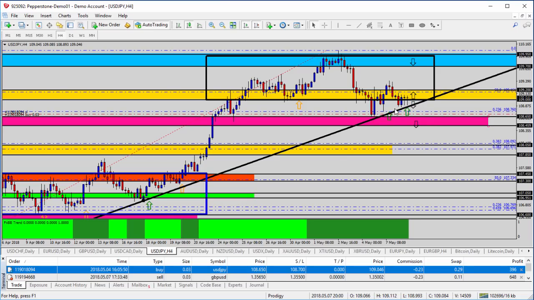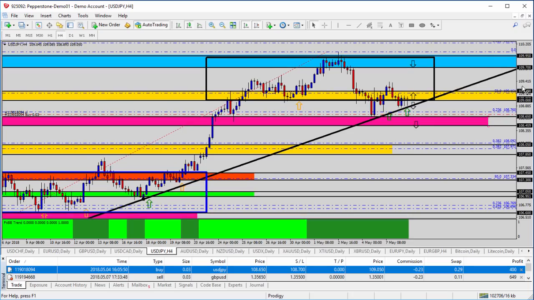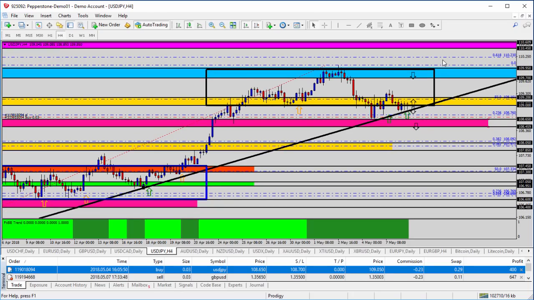Again, stay within your maximum risk that you have for your trade settings, but somewhere either below today's low or the previous low all the way down here at 108.65 will be your stop loss, targeting the blue zone. Of course, if we could break that blue zone in the direction of the trend, we're likely to see it back into the mid to upper 110s for the US yen.